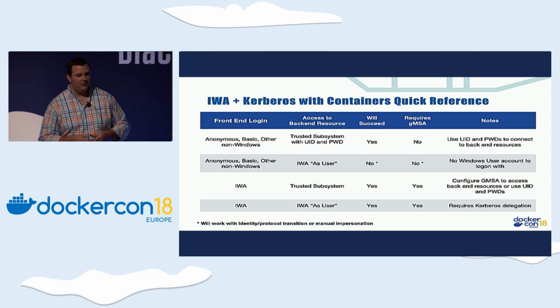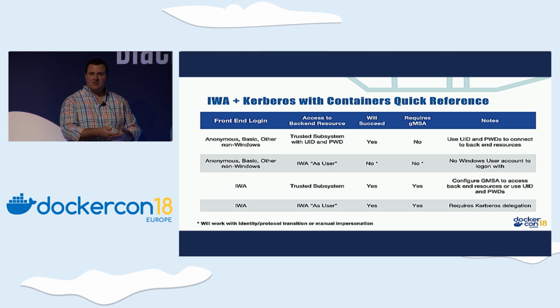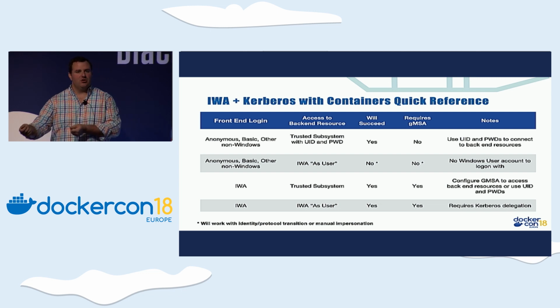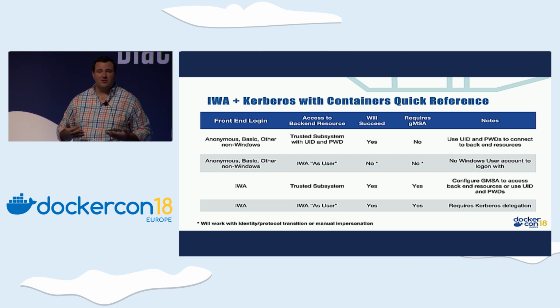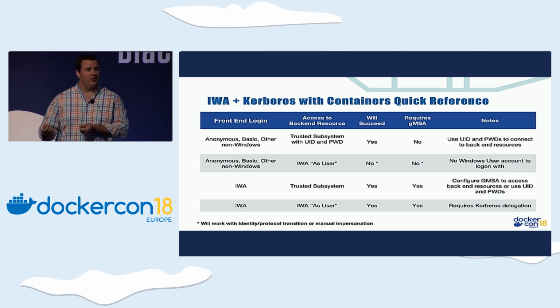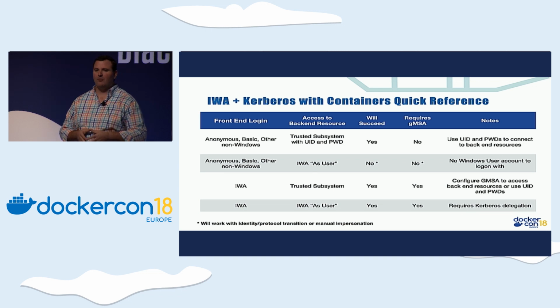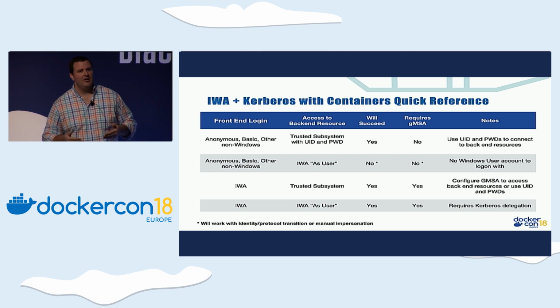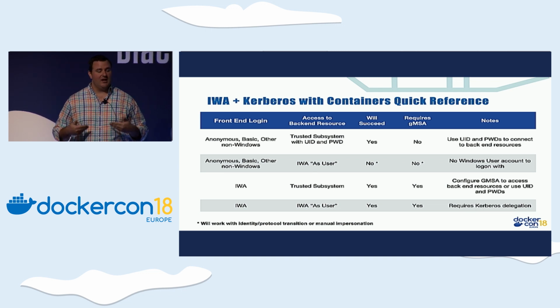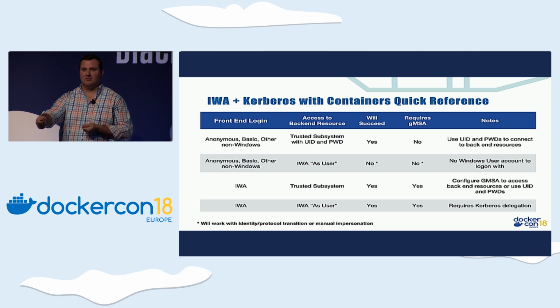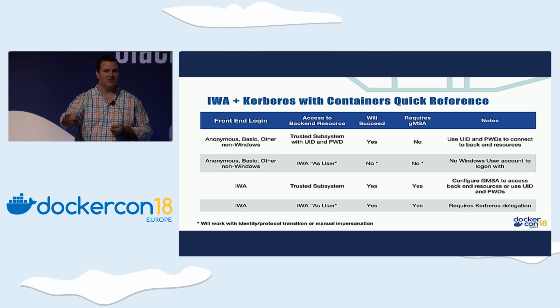In the second scenario, if we're using a basic login on the front, so a simple username and password, we can't go back to the database as the user with that delegation approach because we don't have a Windows account to utilize in that flow. So that's not going to work with or without a gMSA at that point. However, when we get down to these last two rows, this is where we're utilizing integrated Windows authentication on the front in two different methods. In the first one, the service account talks to the database as the service account: give me everything this service account is allowed to retrieve.